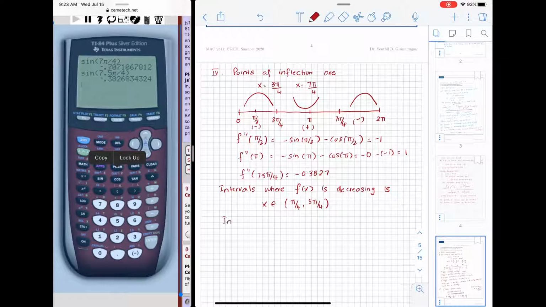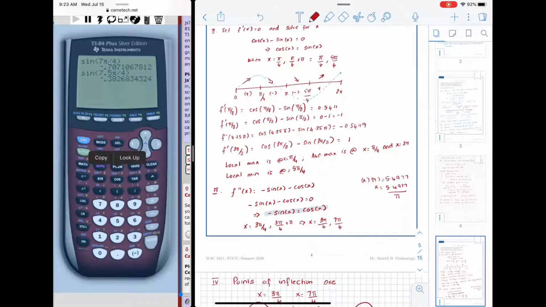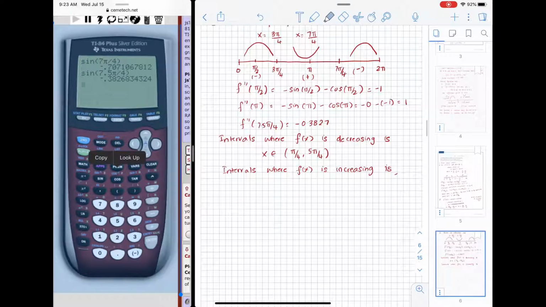The intervals where f of x is increasing, so we have a bit here, right there, it's increasing, and right there, it is increasing. So we have 0 to pi over 4, union, 5 pi over 4 to 2 pi.